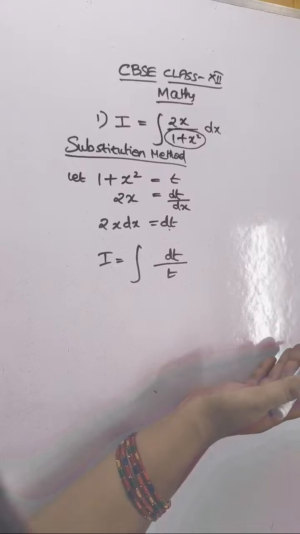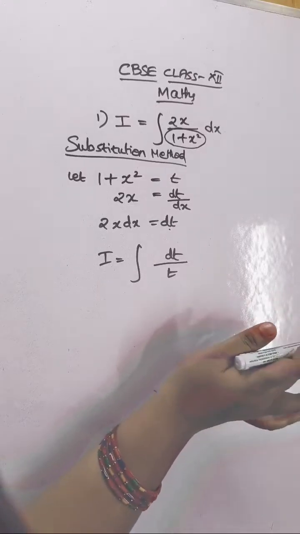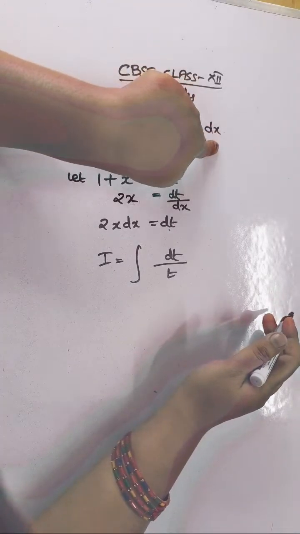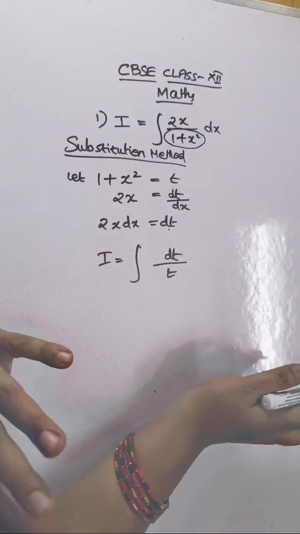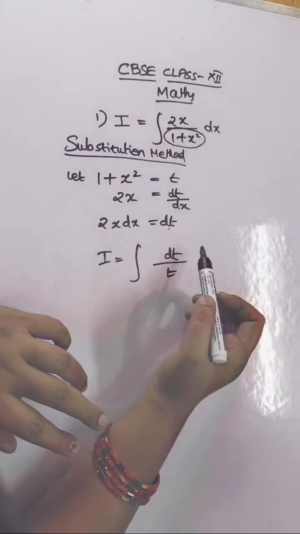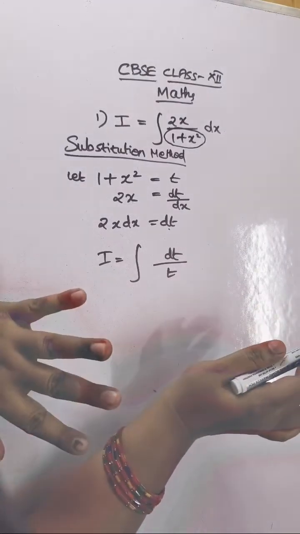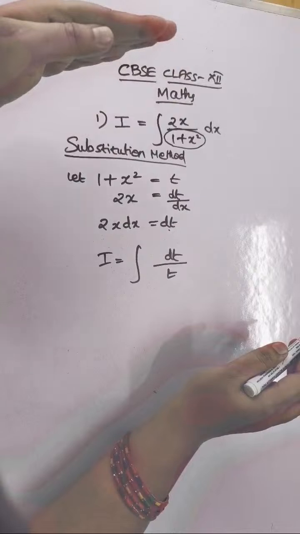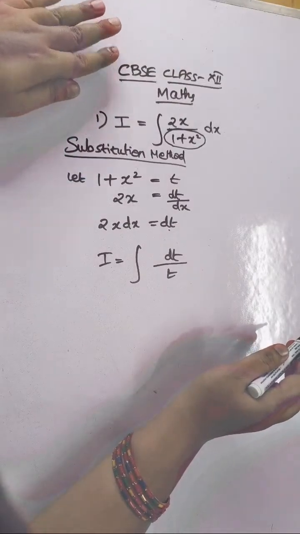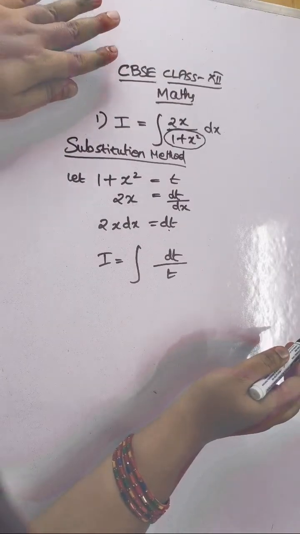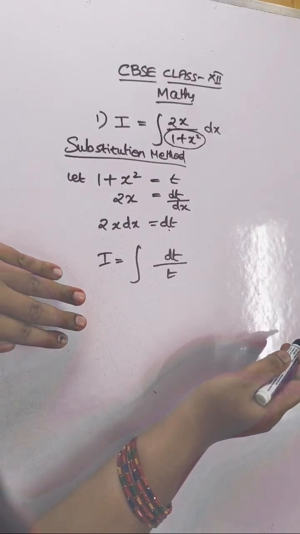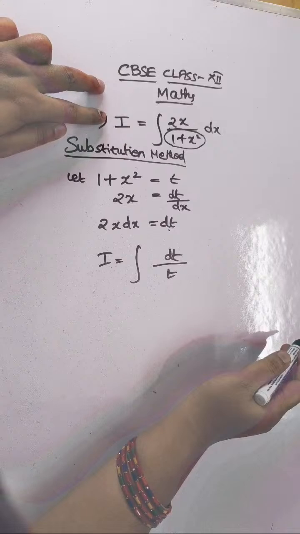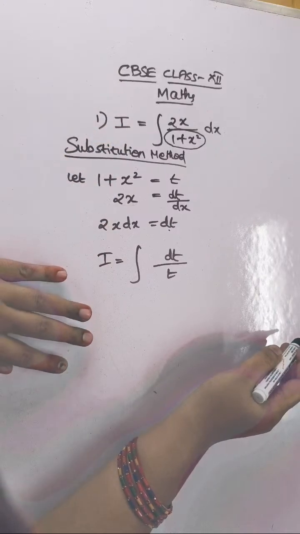Now you can integrate with respect to t. So now the integrating variable changes from dx to dt. It is the normal integration, with t instead of x. That's all. We have expressed the given question in terms of t, simplifying it so that we can integrate.